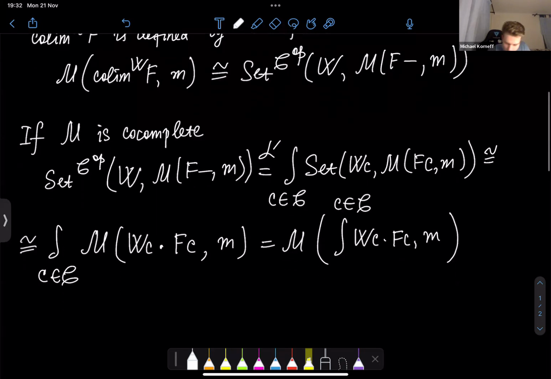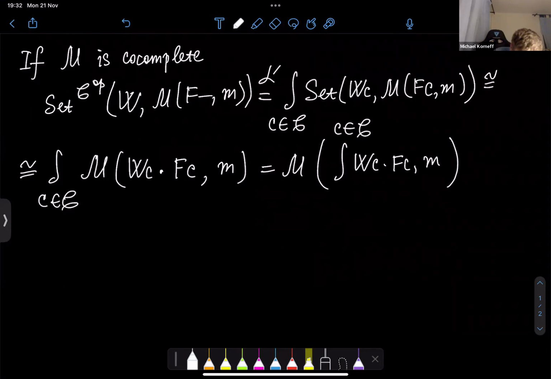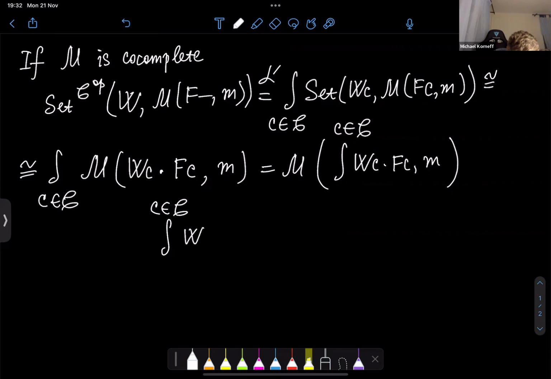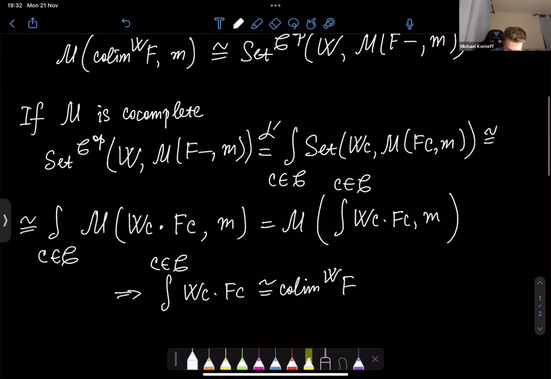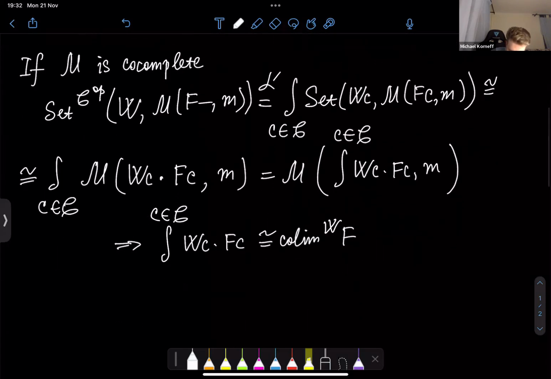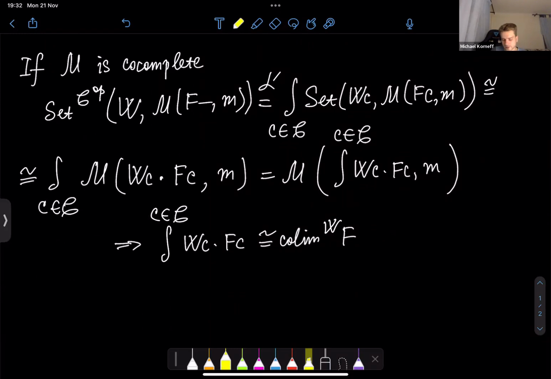But of course, this weighted colimit is just a quotient. So we can take this isomorphism as a definition of weighted colimit in the unenriched setting.